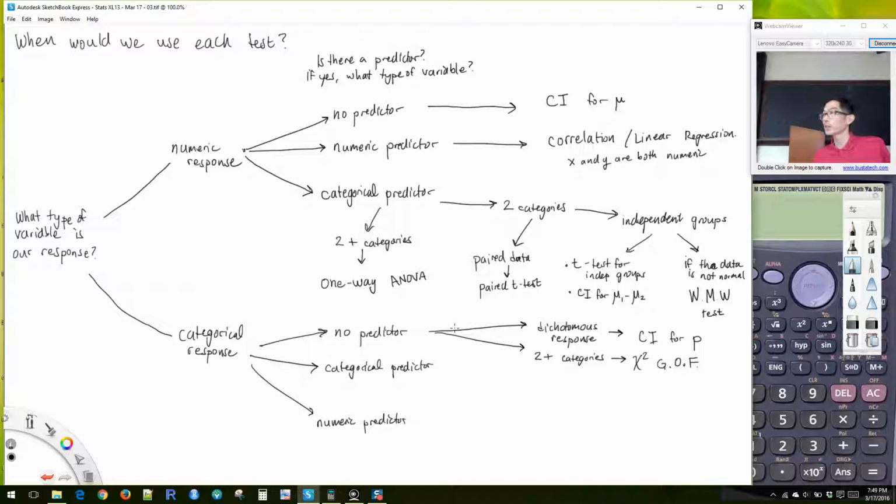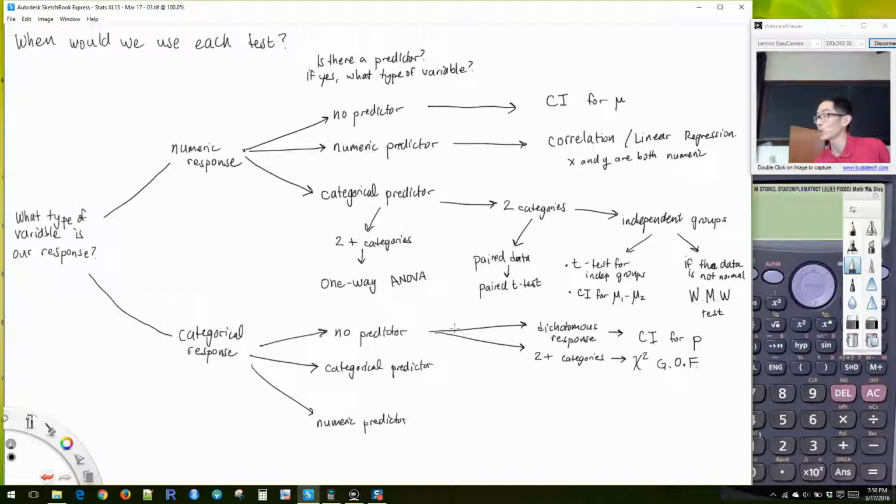So would those not be numeric predictors? Well, our response, we are counting how many observations we have in a certain category, but the variable itself that's being recorded is categorical. When we summarize our data, it looks like a number because it's a count.